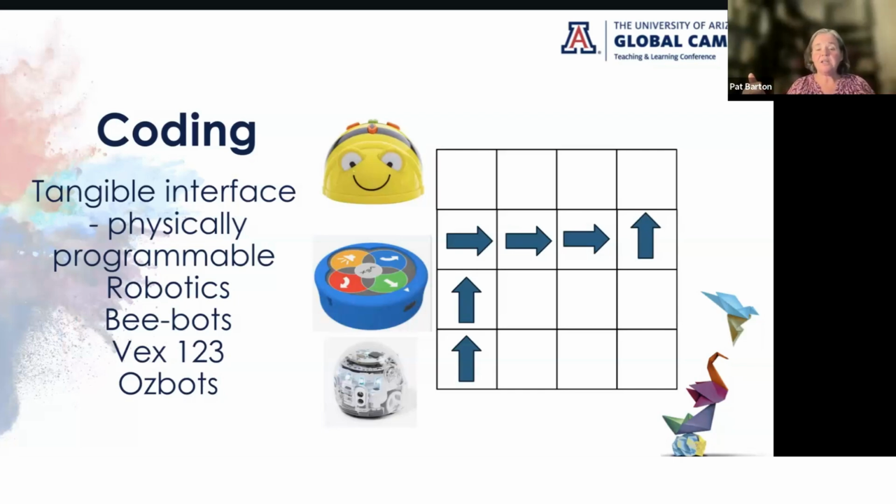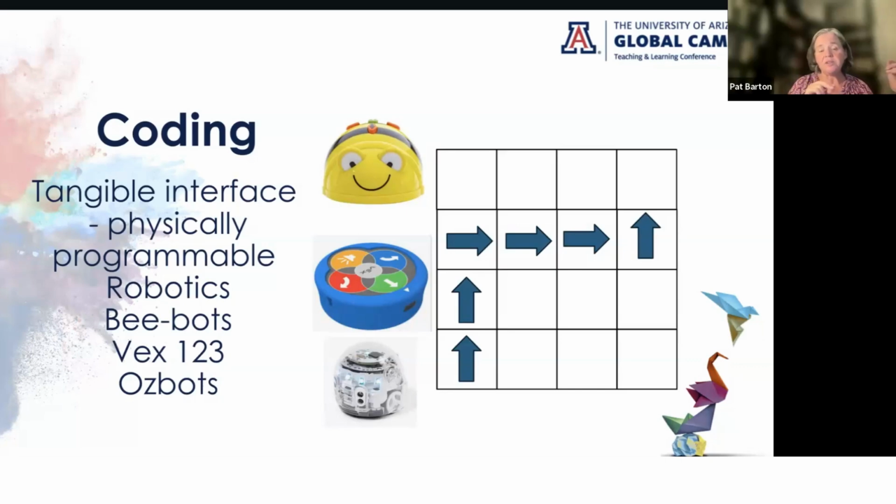You can have them work together and code it, draw it out first with arrows, and then program it into the robot to get it to reach spaces. I know some teachers have also used these to integrate curriculum, like storytelling and finding sight words with the Bee-Bot.